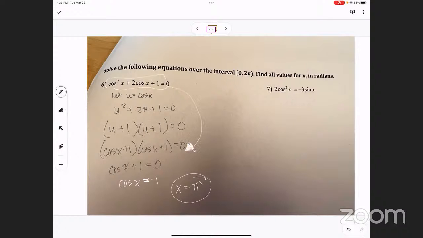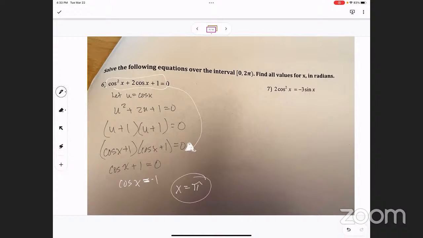Can you see how to do that? If you can see it, then do it. But if it's more confusing for you to see it that way, write it in a simpler way. All the U substitution is writing it in a simpler way, right? So that you can visualize it better. For most people, it's easier to visualize how you factor that than it is to visualize how you factor that. But it's the same thing. Doesn't really matter. Some teachers prefer to teach it one way, some another.